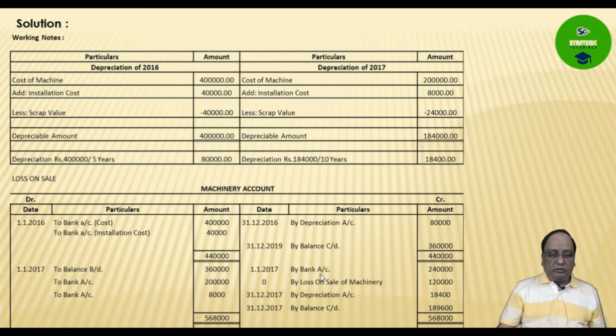In 2017 the machine was sold for 2,40,000. Sale of machines 1,20,000, this is a loss basically, and depreciation 18,400 per annum. So the balance is 1,89,600. That is given as the opening balance of 1st January 2018.